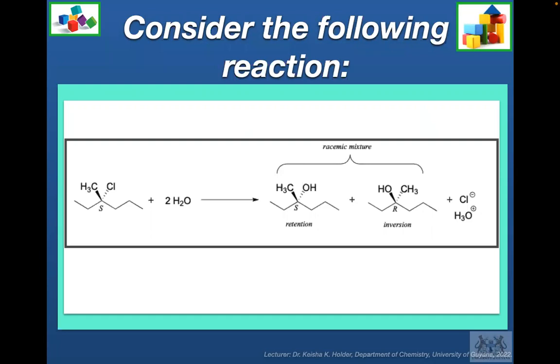And in this case, the product is an alcohol. So this would be an example of what one calls a hydrolysis reaction. Hydrolysis because the product that results comes from the reaction of your electrophile with water.